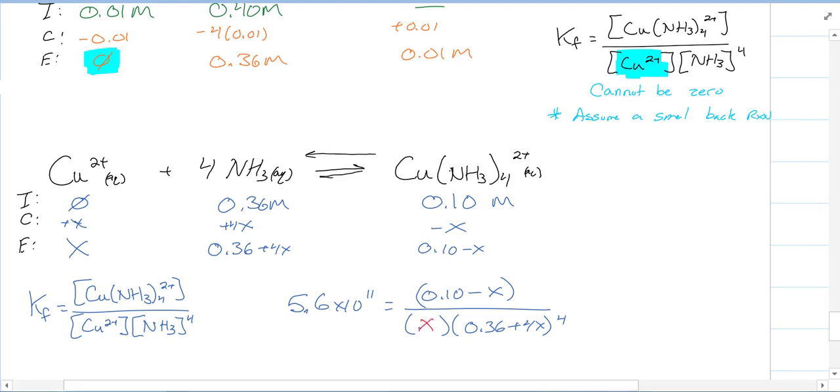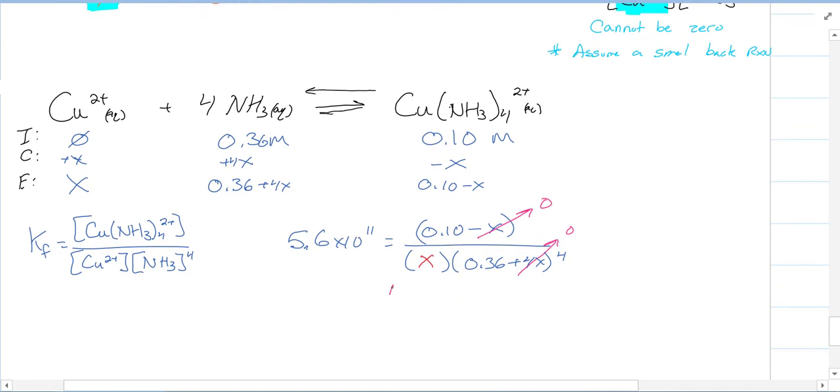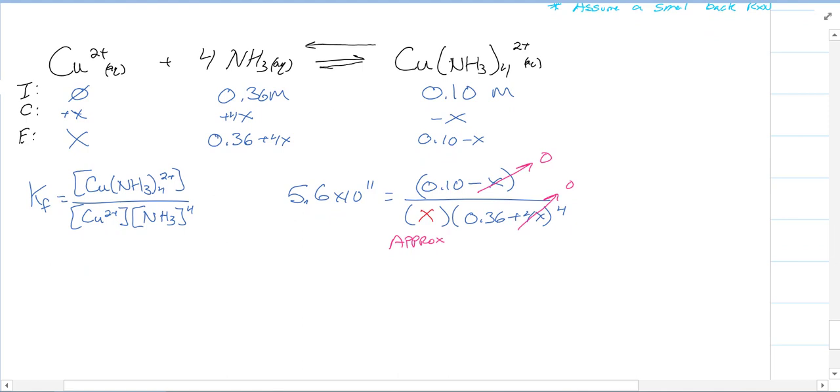Now what can we do with these X's? Well, I have 0.01 with K of 10 to the 11th, so I can approximate this to 0. And then 0.36 plus 4X, yep, I can approximate that to 0.36. So we approximate, and that makes our life a lot easier.